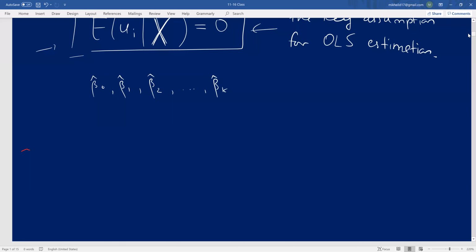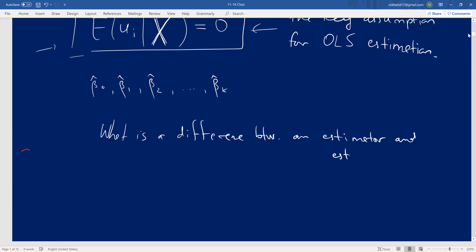Whenever you have, okay, what is the difference between an estimator and an estimate? Can you tell me? An estimator is like a function that allows us to get an estimate, which is an actual value of a function.